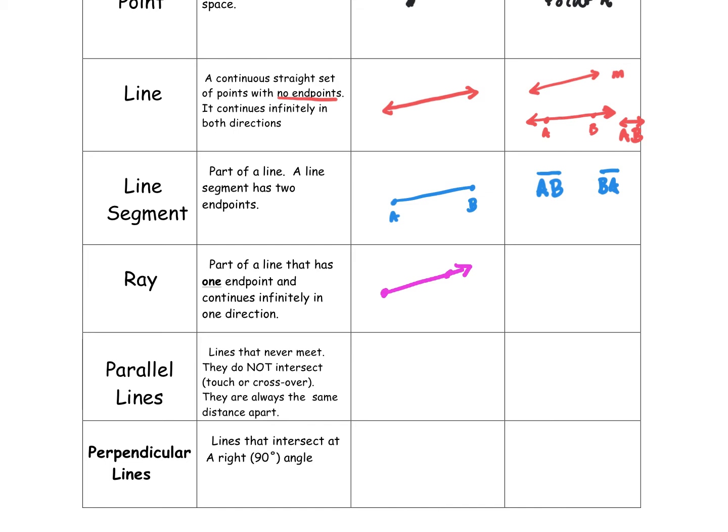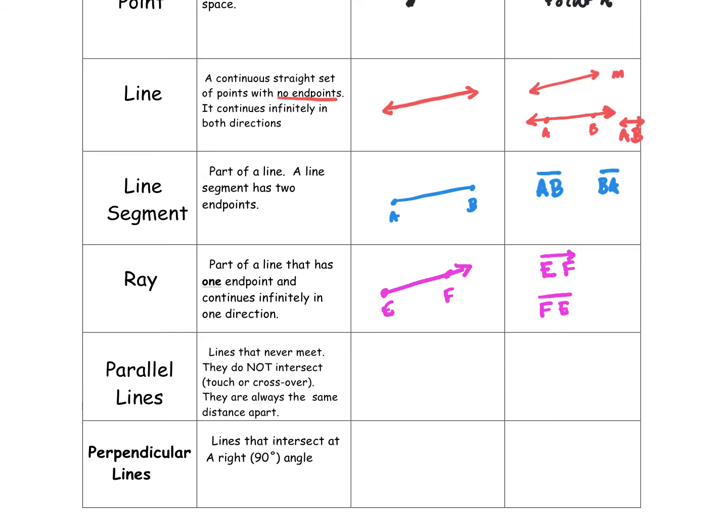But we need another endpoint so we can name it. And this time I'm going to call it E and F. So this particular ray, I would have to say EF. I start with the endpoint, and then I would draw a little picture of a ray, a tiny diagram of a ray. I could not call it FE. This one, order counts.